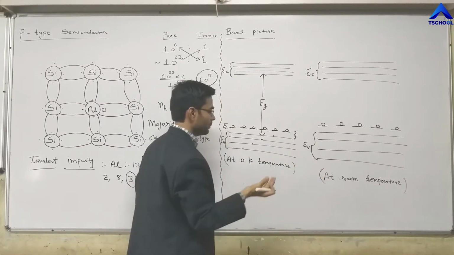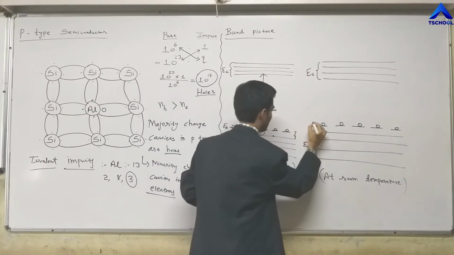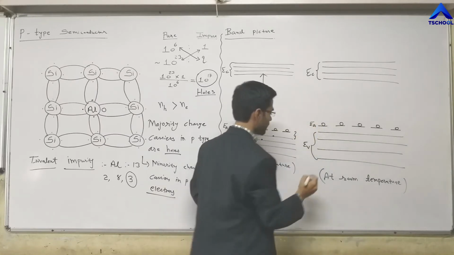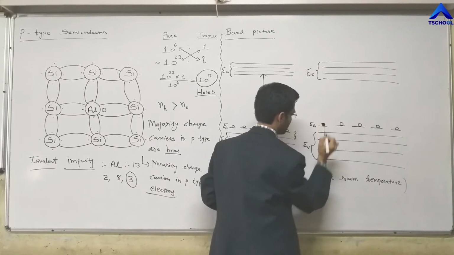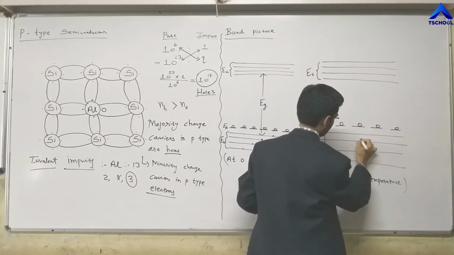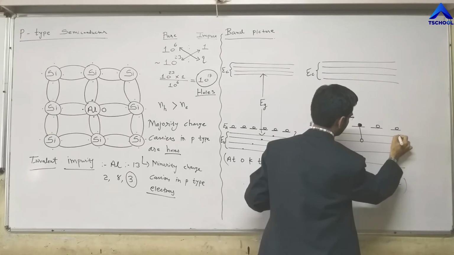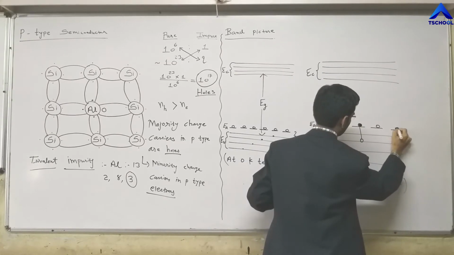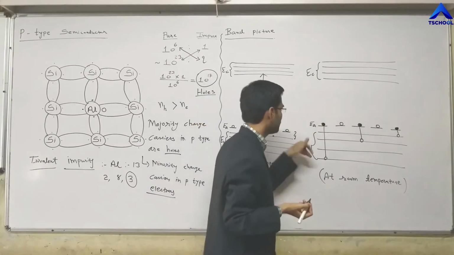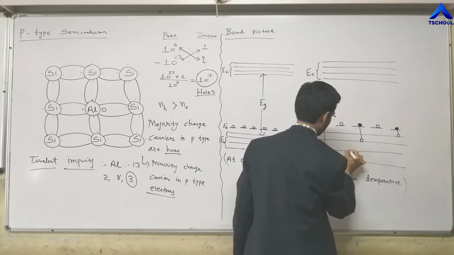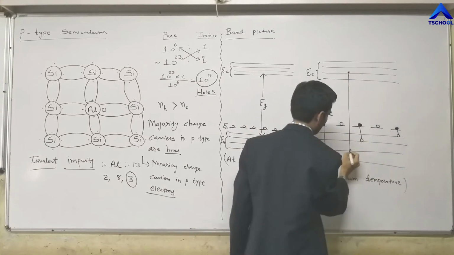Now as the temperature increases, electrons jump from the valence band level to the acceptor band level, EA, in this way. And a little bit of electrons can jump from the valence band to the conduction band.